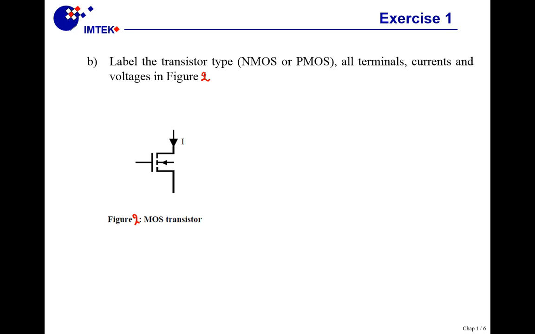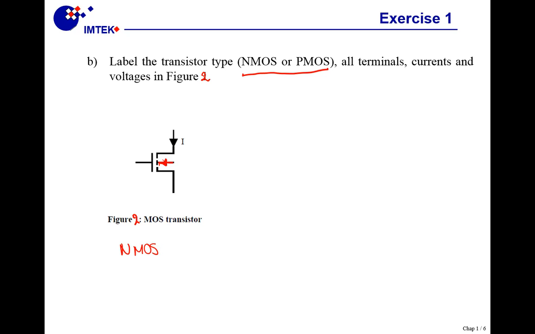This is now the symbol of a transistor, and the first thing it asks us to do is determine whether it's an NMOS or a PMOS. When you see an arrow pointing towards the inside of the transistor, and this line is in the middle, this means that this is an NMOS transistor. This is only a convention.